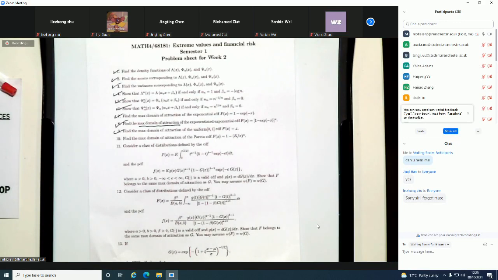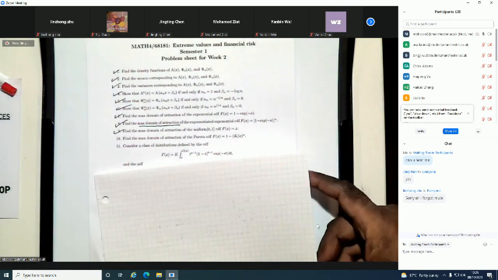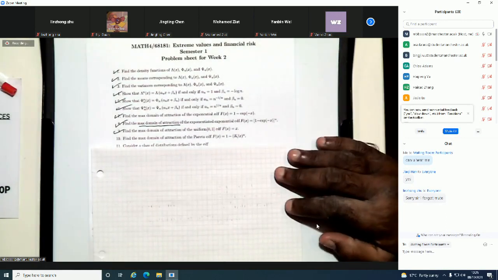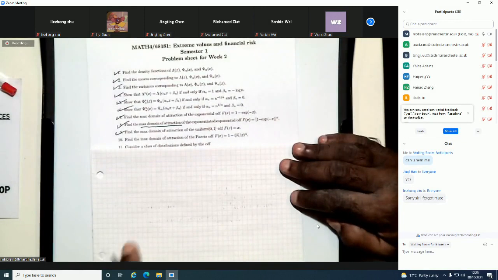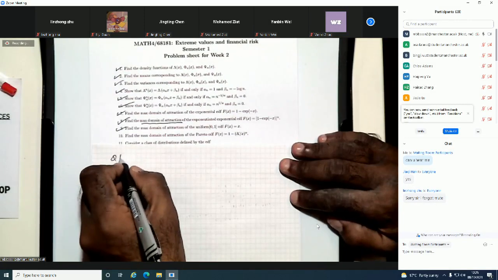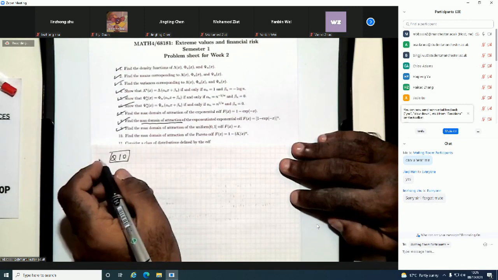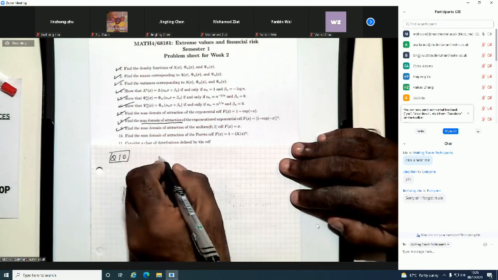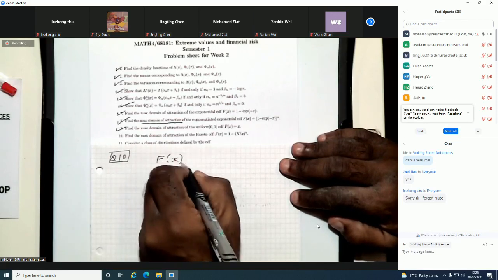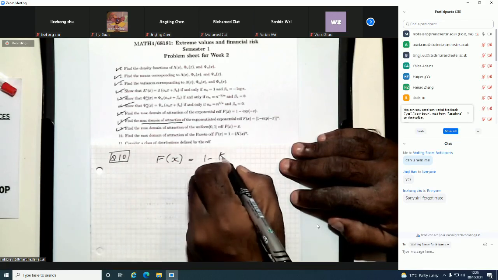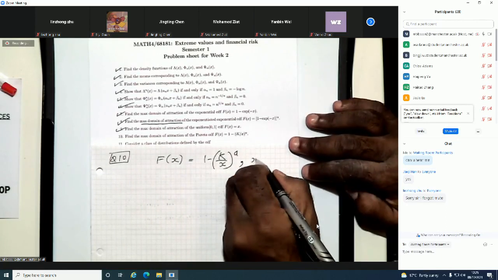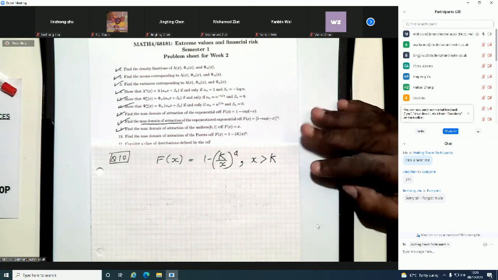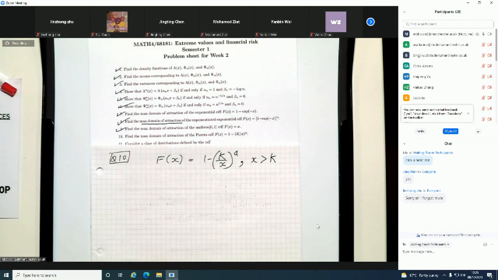Question 10 is, you have F of x equal to 1 minus k divided by x, to the power a. You should say x is greater than k, although the question doesn't say that. The first thing you need to figure out is what is w of F, right?